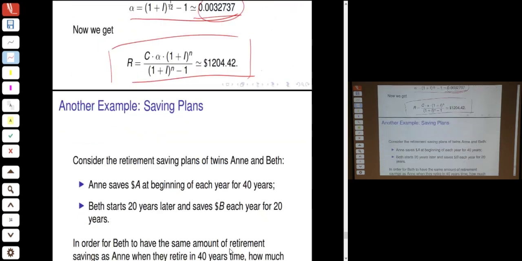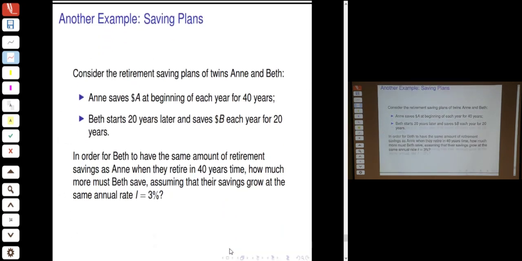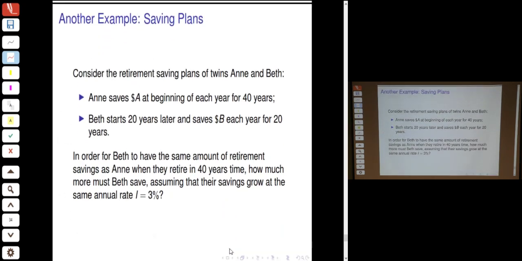Okay. So here is another example, which is about savings plans. So suppose we have two twins, let's say two girls, Anne and Beth, and this example will sort of indicate to you what kind of strategies are better to take in terms of retirement savings.